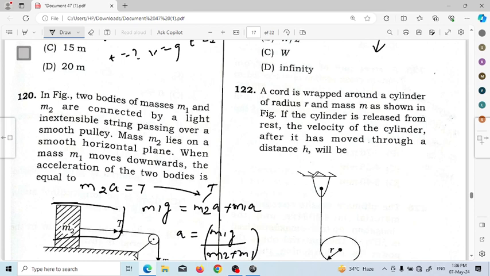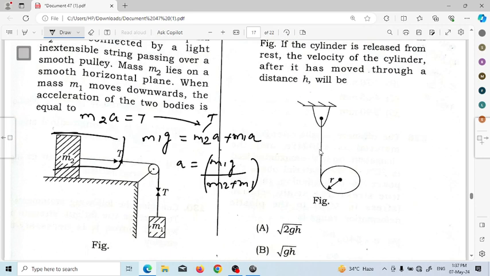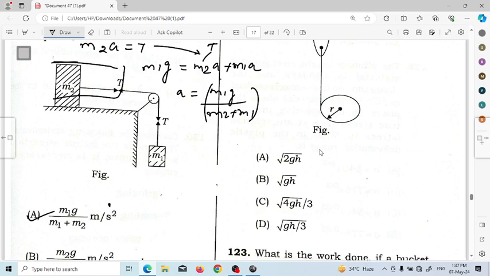Next, question number 122. A cord is wrapped around a cylinder of radius r and mass m as shown in the figure. If the cylinder is released from rest, the velocity of the cylinder after it has moved through a distance h will be. Let's solve on another page.